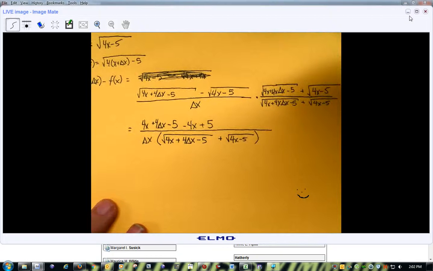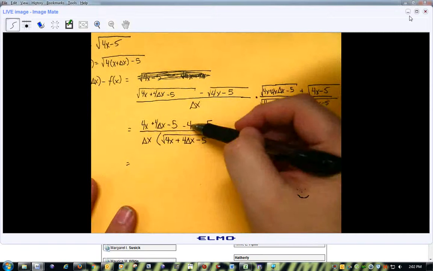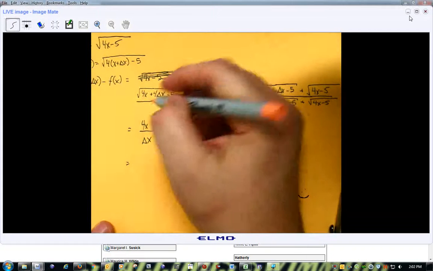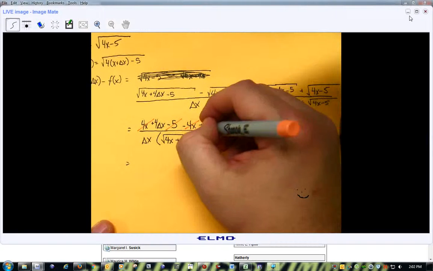Alright, is everything going okay? Now, simplify this. 4x minus 4x, so these guys are gone. Negative 5 plus 5, those guys are gone.